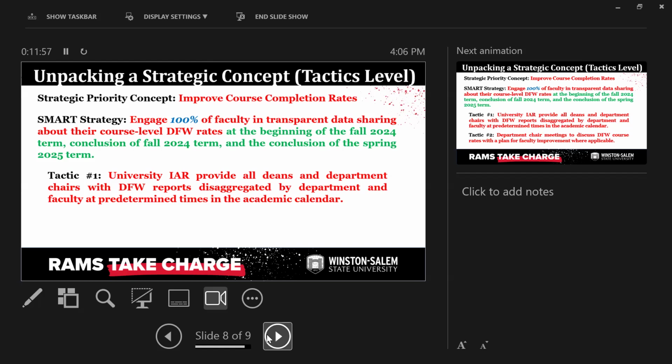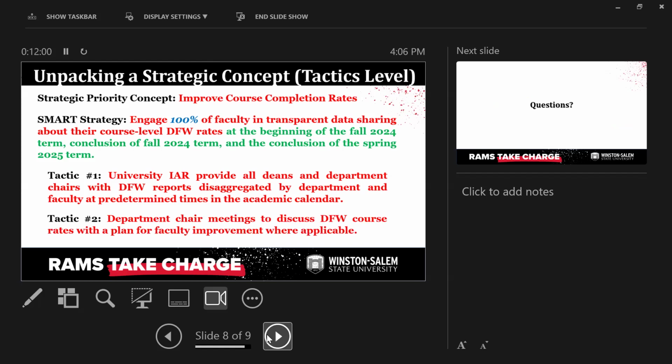A second tactic could be the department chairs using the DFW reports to have conversations with faculty about ways in which they can improve their courses from a DFW perspective, particularly those faculty who have high DFW rates. So now we have department chairs engaging faculty with high DFW courses, talking about the plan of action for improvement so we can reduce the DFW rate in each faculty member's course.